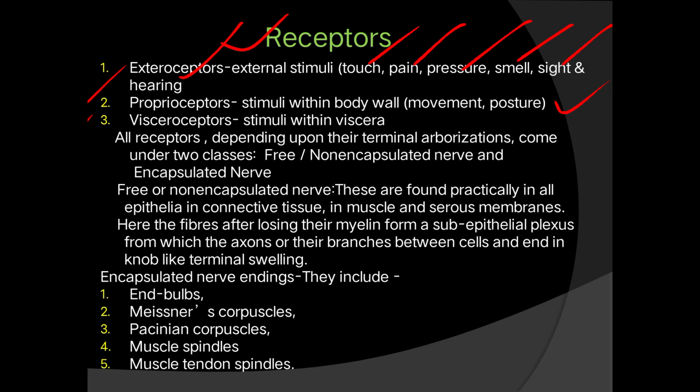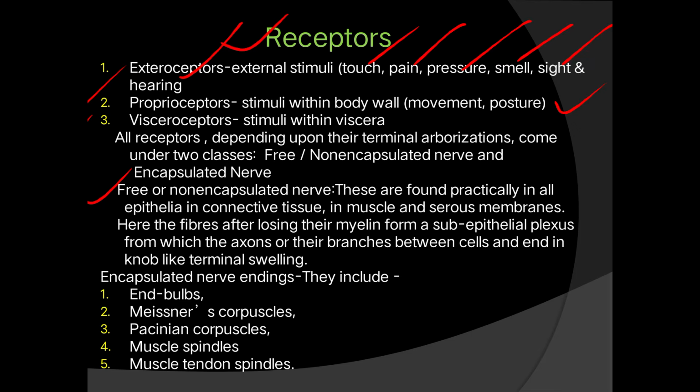So all receptors, depending upon their terminal arborization, come under two classes: free non-capsulated nerve and encapsulated nerve. Free non-capsulated nerve endings are found practically in all epithelium, in connective tissue, in muscle and serous membrane.